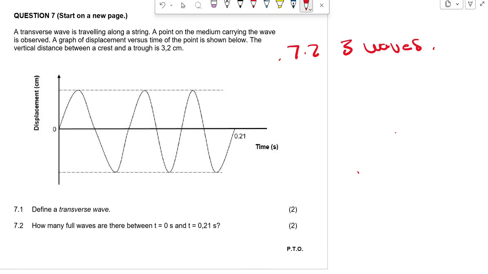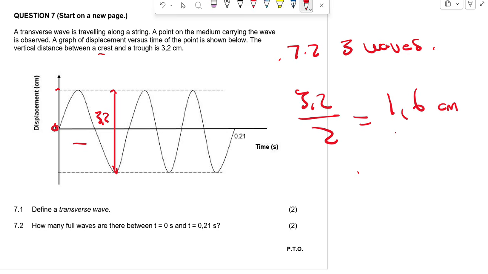The distance between the crest and the trough is 3,2. So it means from here to here, that is 3,2. So what is the crest? From 0 to here, it will be what? So we see 3,2 divided by 2. We're going to get 1,6 centimeters.